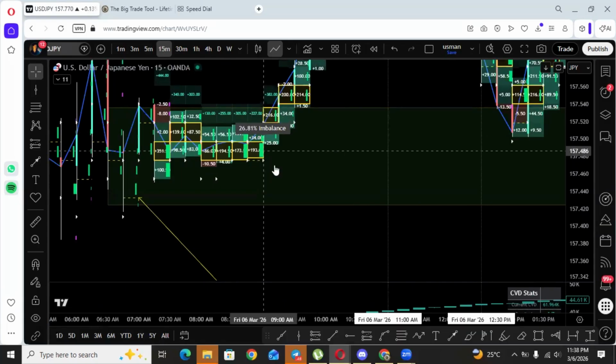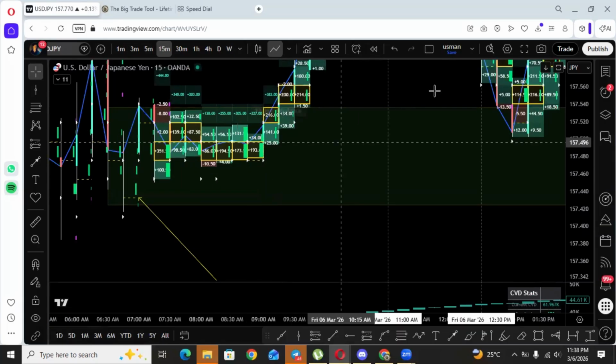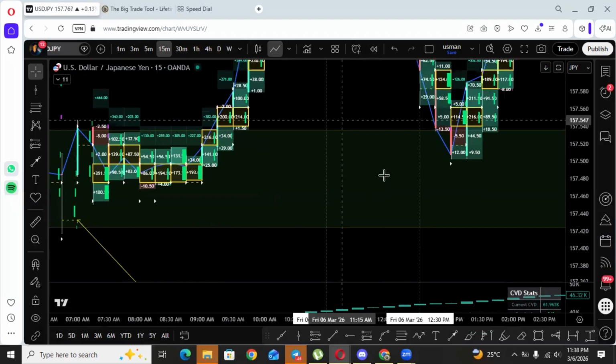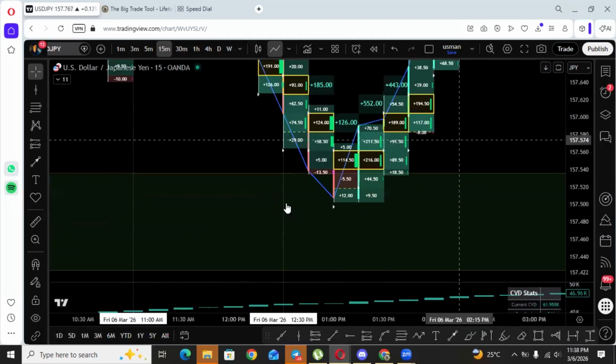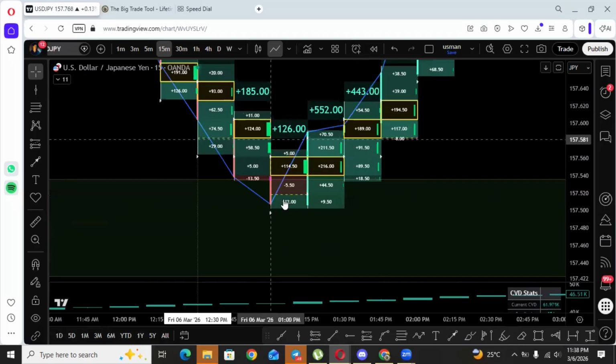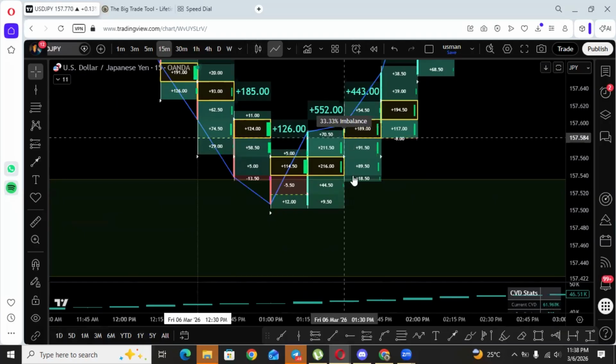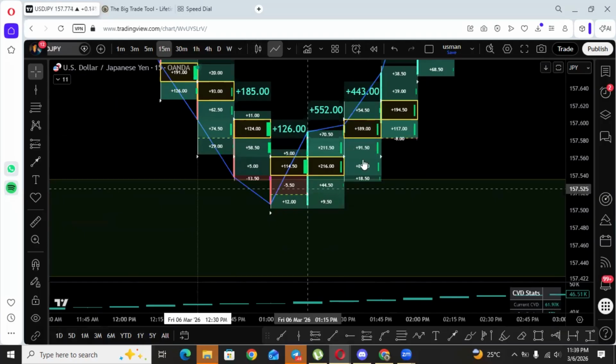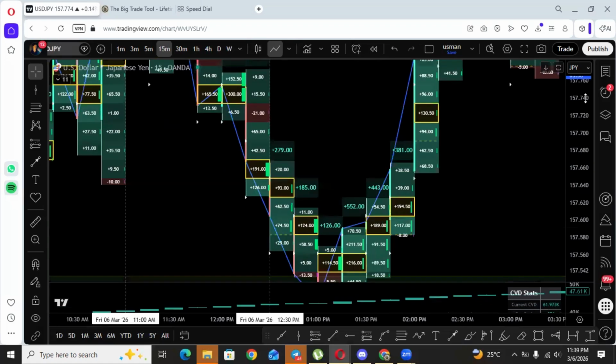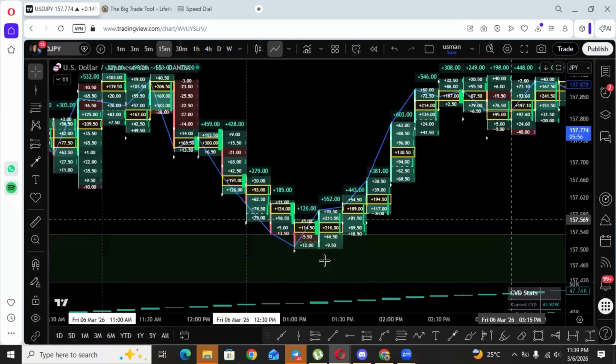The market tapped into the imbalance area and absorbed all those sellers. Absorption happened at this point. When this engulfing happened, you maybe entered at the start of the next candle, or on the retrace into these areas, and you would have caught all this move very easily.